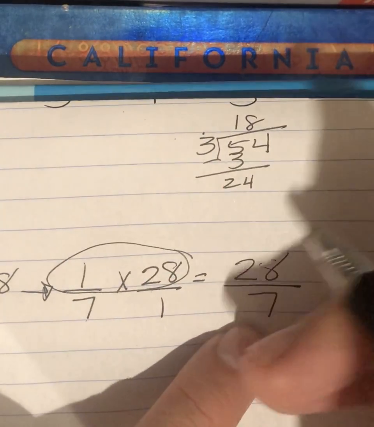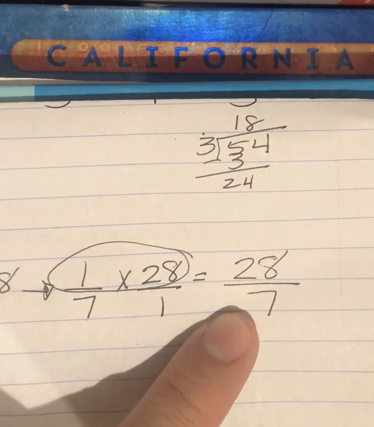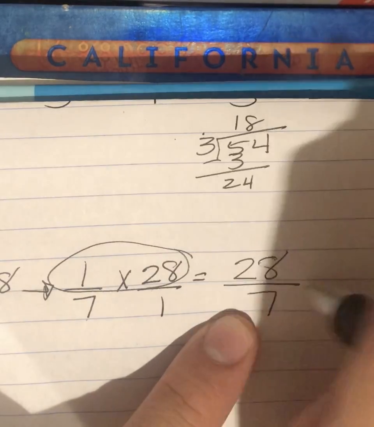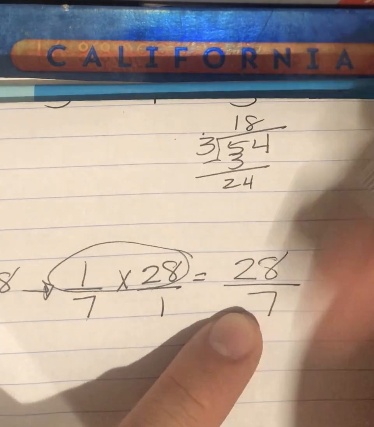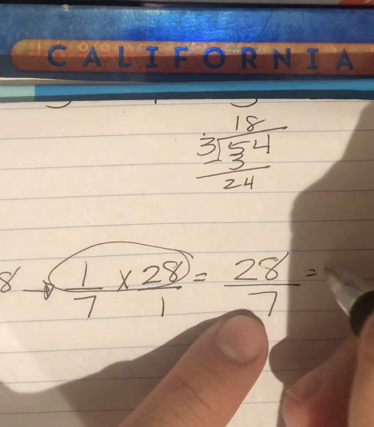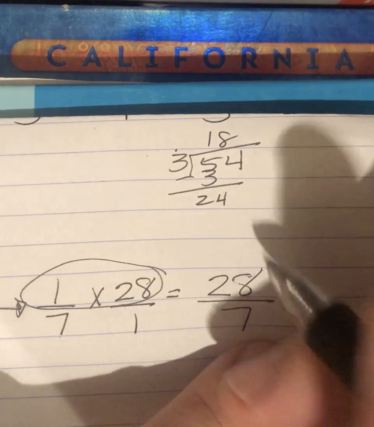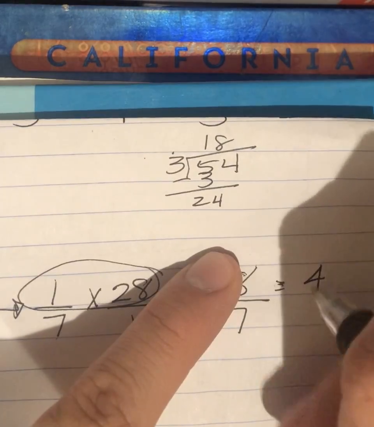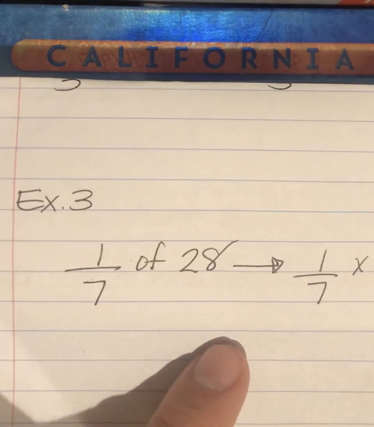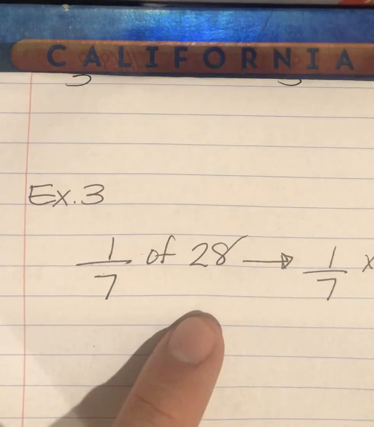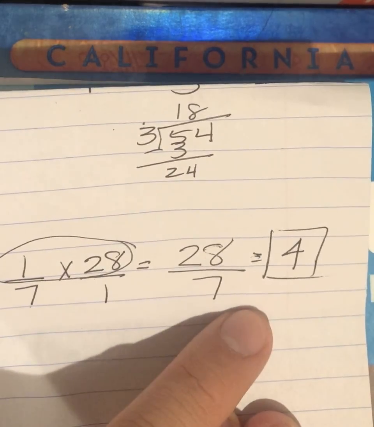I have to simplify this because it is an improper fraction. The fraction bar can also mean division, so 28 divided by 7 is 4. So 1/7 of 28 is equal to 4.